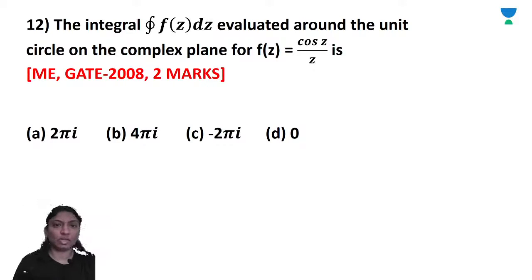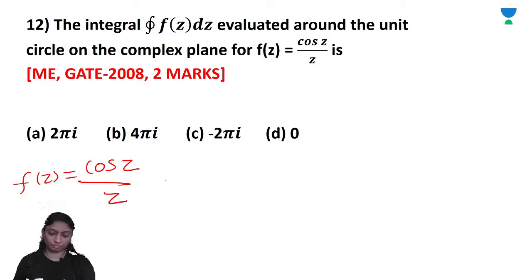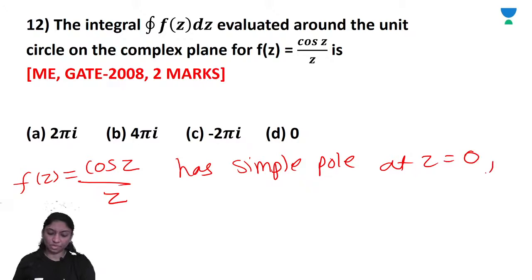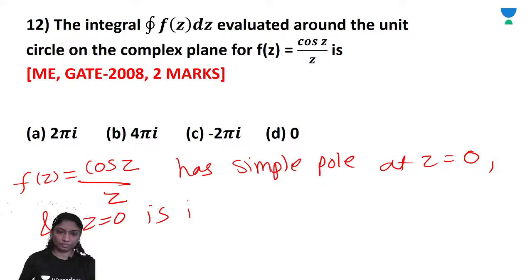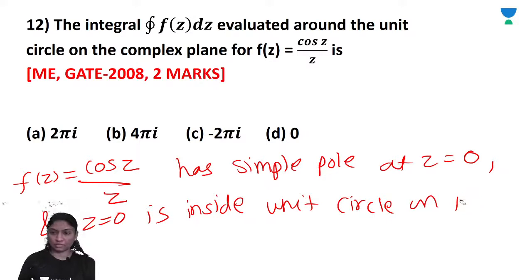The integral of f of z dz evaluated around the unit circle on the complex plane for f of z equal to cos z upon z is, okay, has a simple pole at z is equal to 0 and z is equal to 0 is inside unit circle on complex plane.